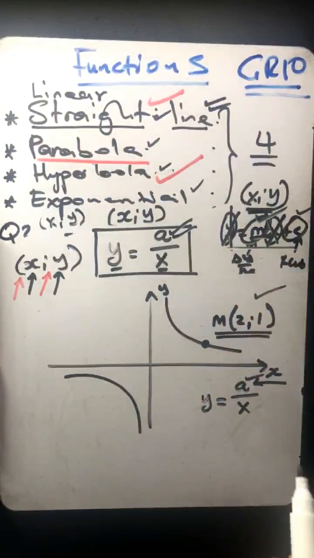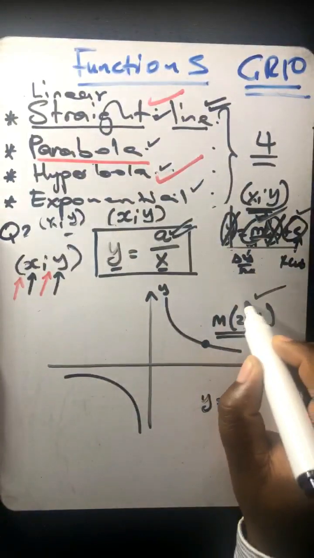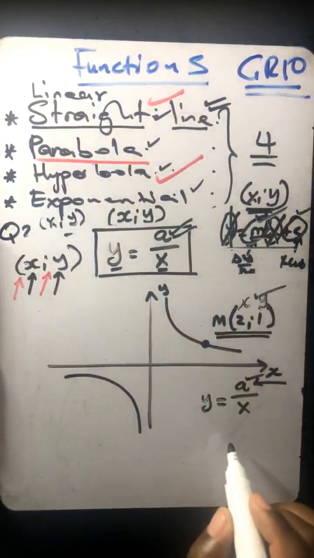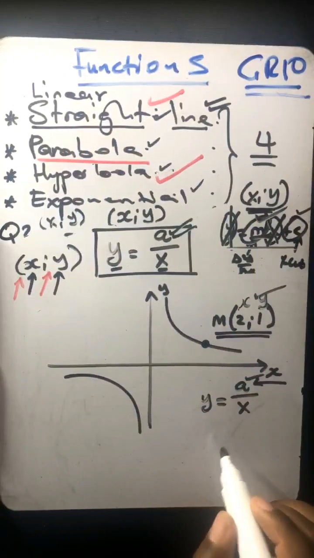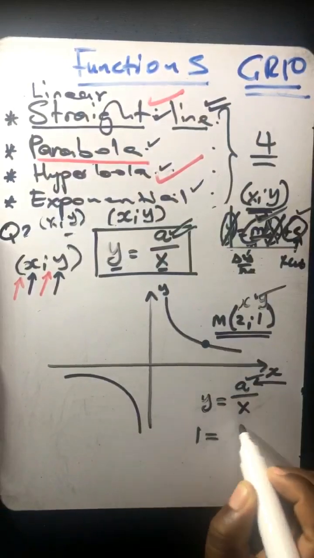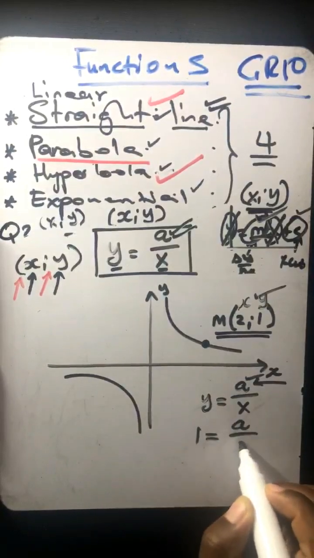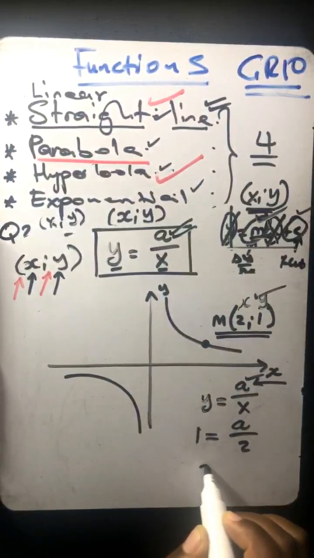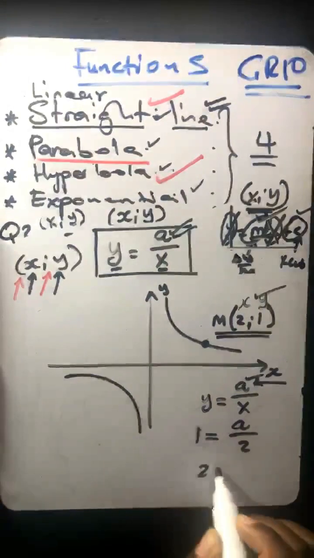So where you see x, you're going to substitute 2. Where you see y, you're going to substitute 1. Then you solve for the unknown. So that means y is 2, which equals a over x, x is 2. Then we just cross multiply. That means 2 times 2 is equal to a.